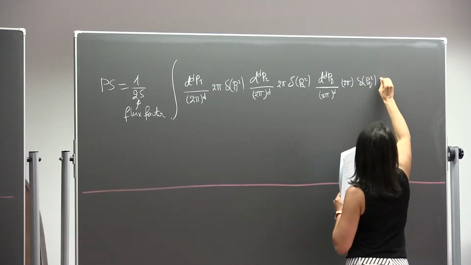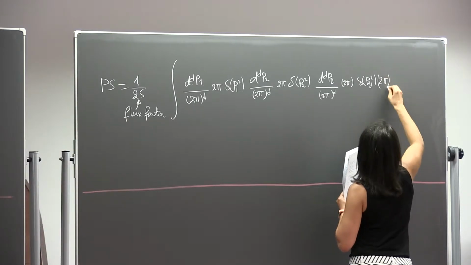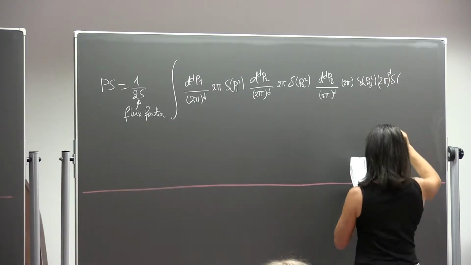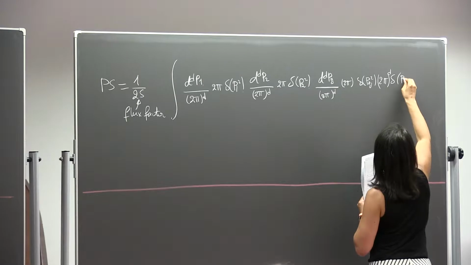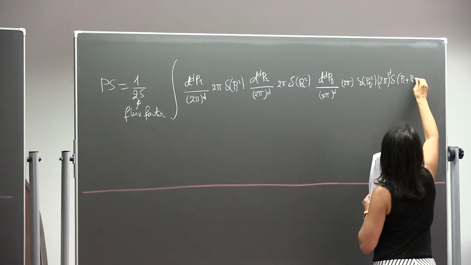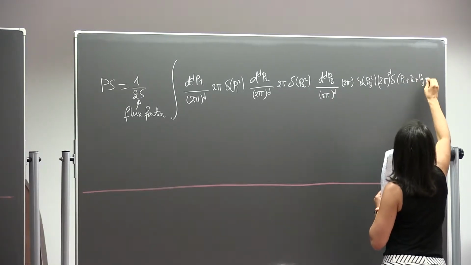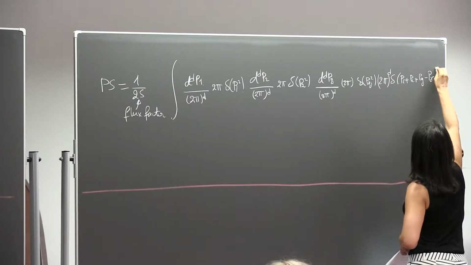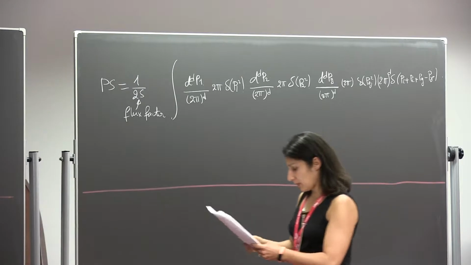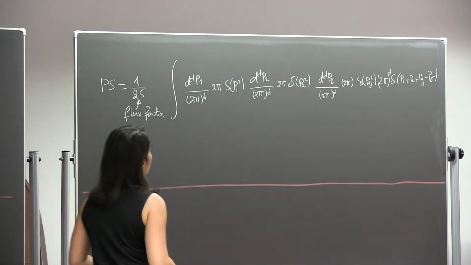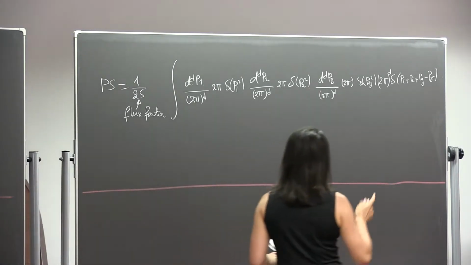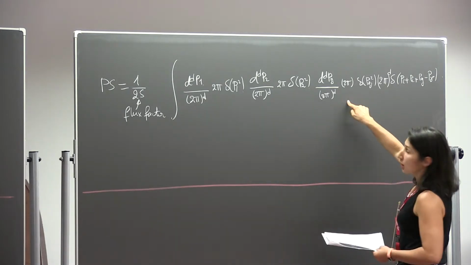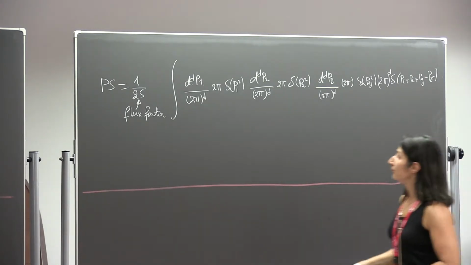And then we have the conservation delta, which says that P1 plus P2 plus Pg is the same as the off-shell photon momentum. Okay, so what I will do right now is remove the integral over the Pg using this delta function.